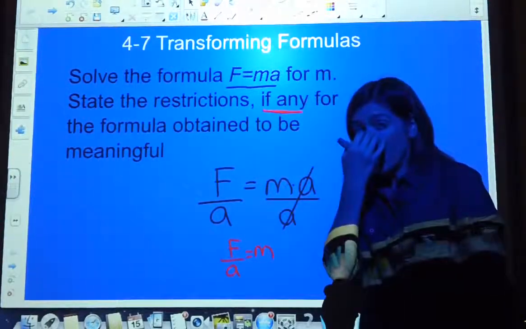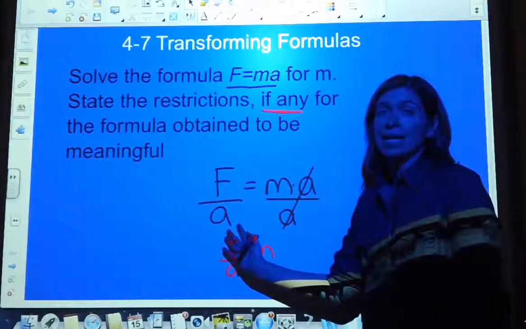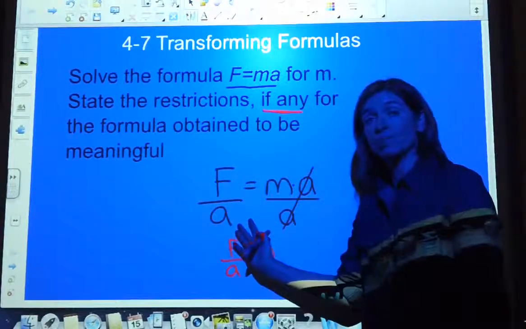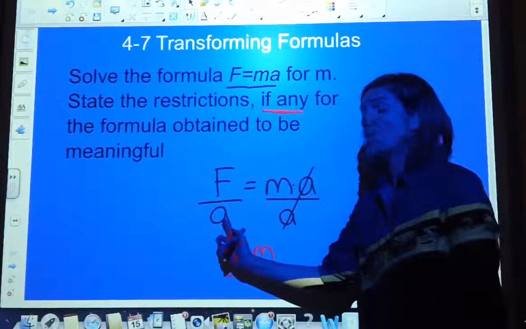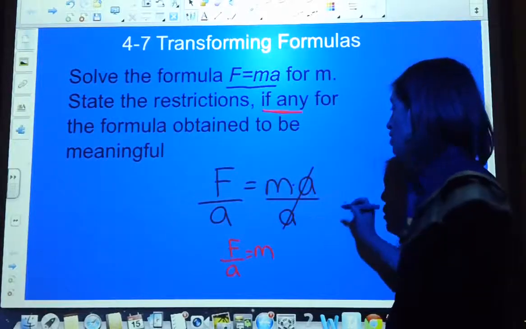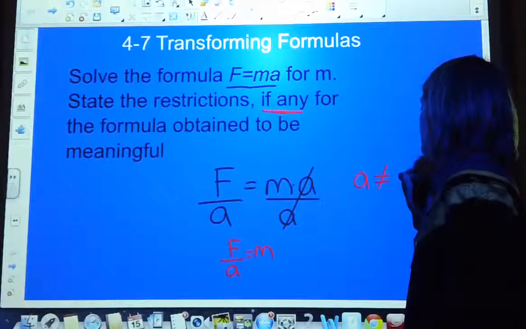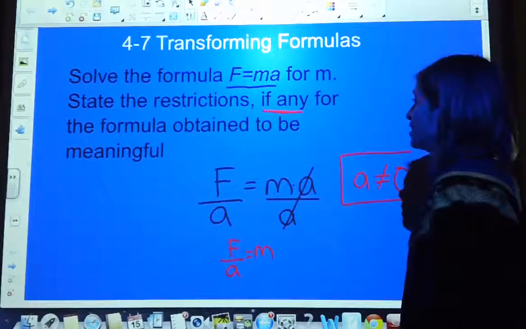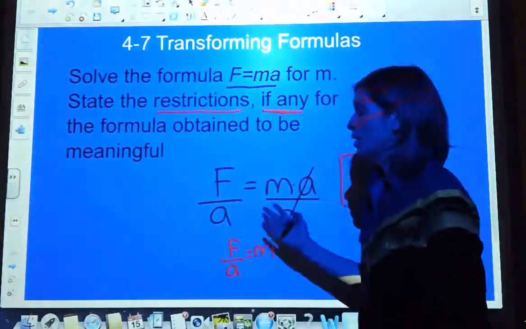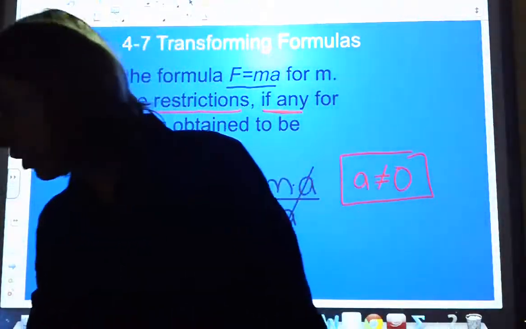Can you think of a number that, if it was in the denominator, would make this fraction not work? Well, hopefully you're saying that if A was equal to 0, then this would not be a meaningful expression. So we're going to state that A cannot equal 0. And that's the restriction that we have on this formula. Okay? All right, let's look at a harder example.